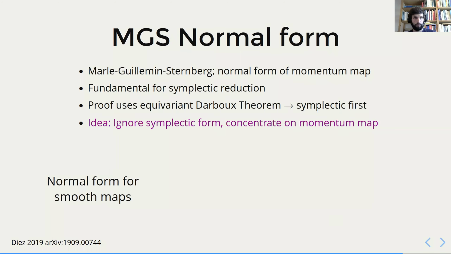So these ones can be established, and then you combine them with a normal form theorem for the action. And these ones are, for example, usually called slice theorems, which tell you that around one orbit, you find normal coordinates for the action. So if you combine these 2 things, the slice theorem and the normal form for the smooth maps, you get some kind of normal form for equivariant maps.